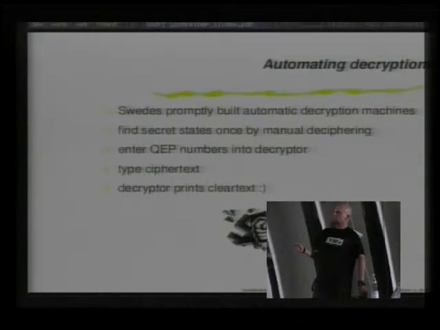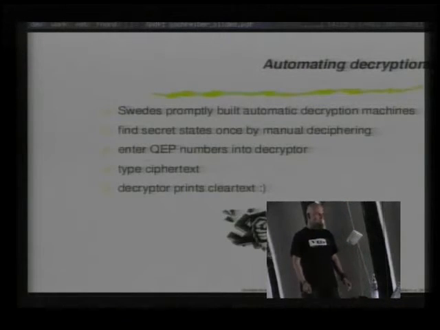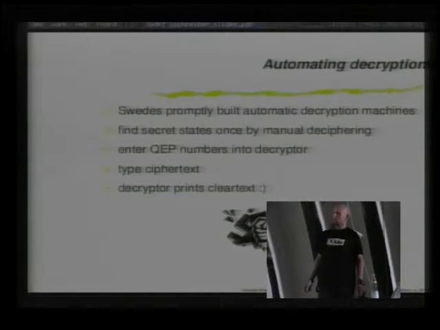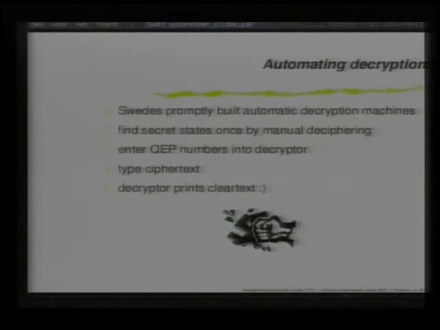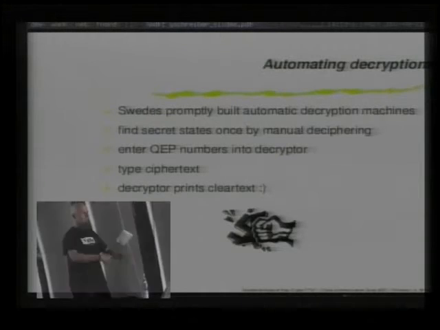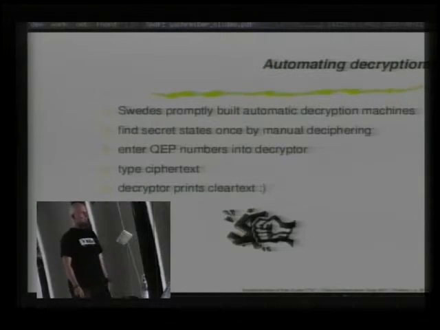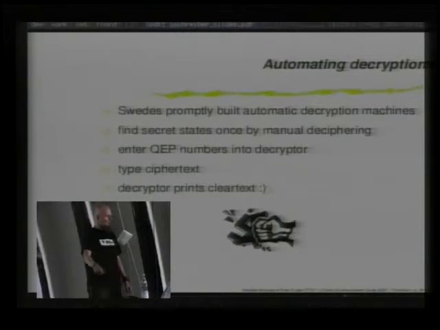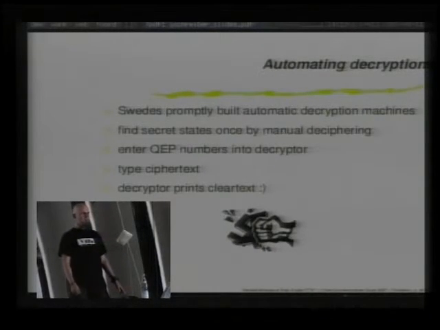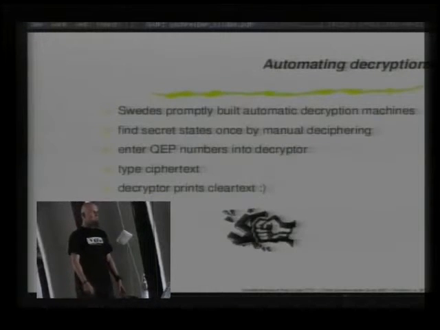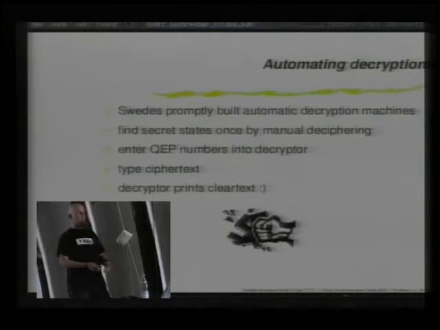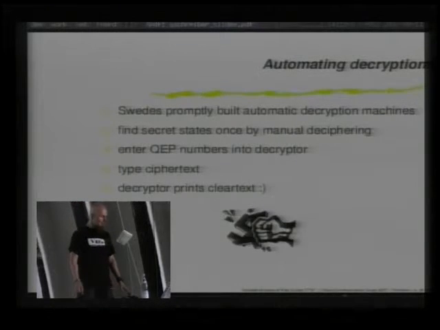They promptly built automatic decryptors. Every day they would start getting these intercepts, and once they had enough of them with the same key, they would start this manual process, which is a little tedious but would get done in a few hours, and then you deduce the permutations and the patterns on the wheels.